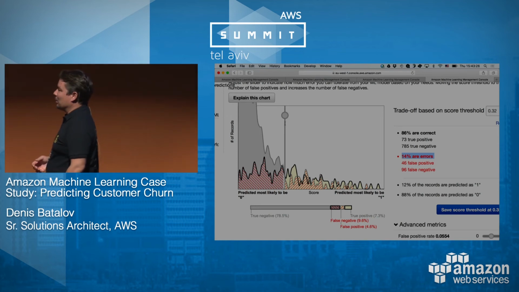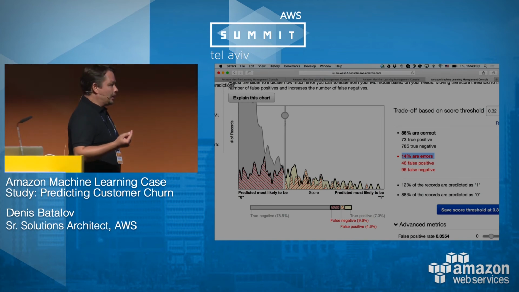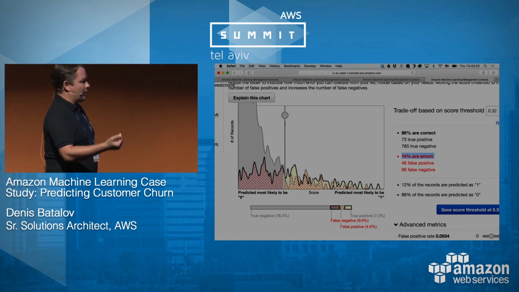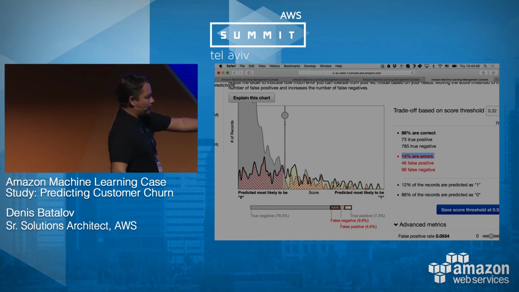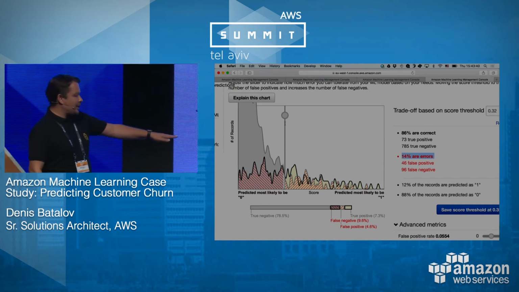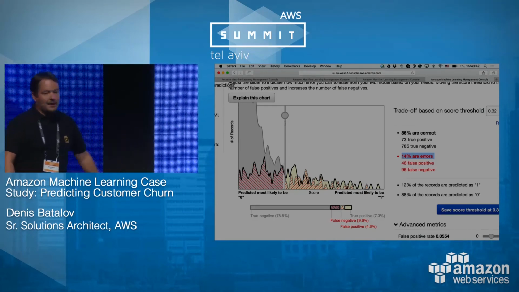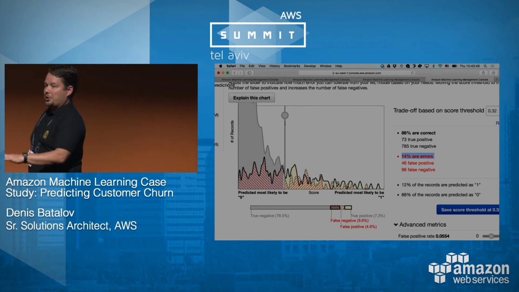Is this really valuable? It turns out that typically, you need to look a little bit deeper and start looking at the two different kinds of errors, the false negatives and the false positives. Remember, the false positive here means that a customer is predicted to leave but will actually not leave.